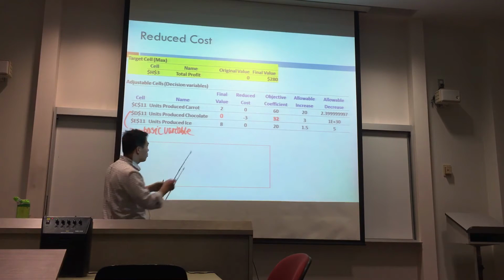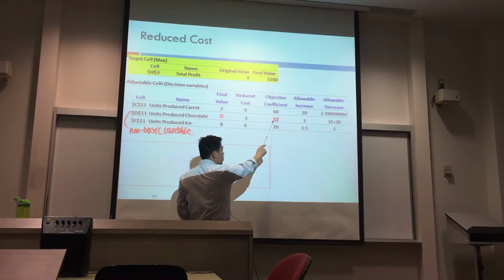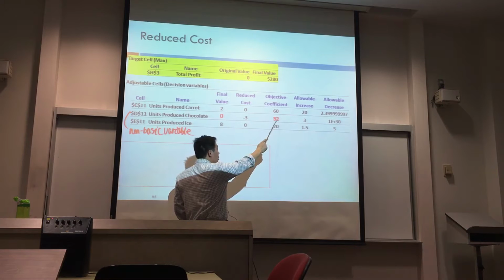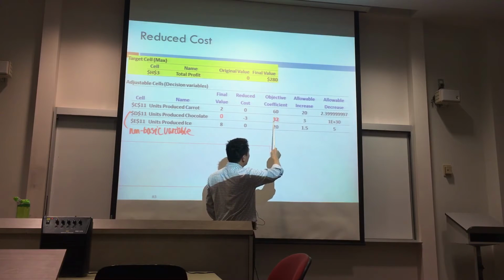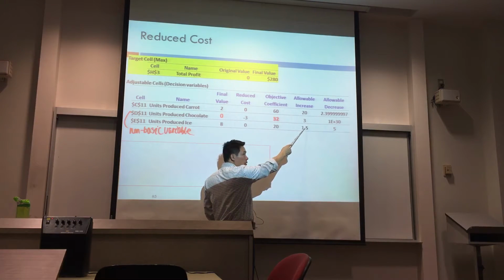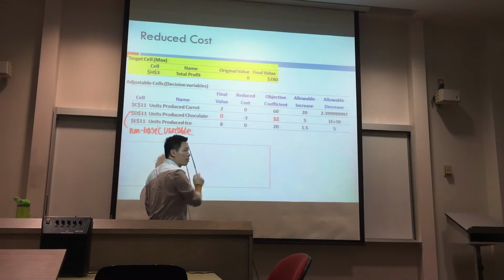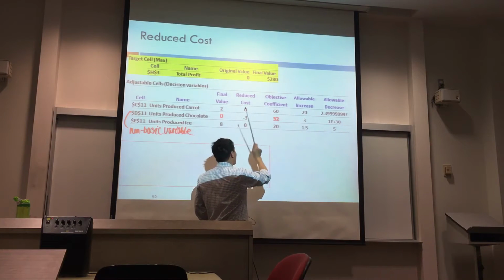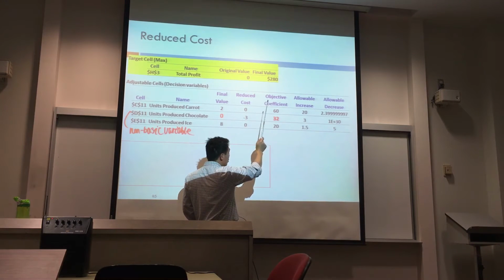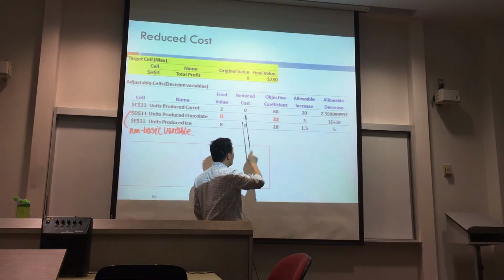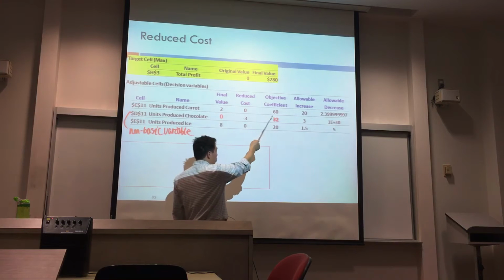Because at optimal, the value is 0. And the objective coefficient is 32, right? Which means at this level, the profit margin is too low, so you don't produce anything, right? But if you increase the objective coefficient by 3 or more, then it's going to make sense to produce non-zero chocolate cakes. Okay, that's why this is 3. That's why this is minus 3. So again, we are saying that you have to reduce this number by at least minus 3 before this becomes non-zero. In other words, you have to increase this by at least 3.